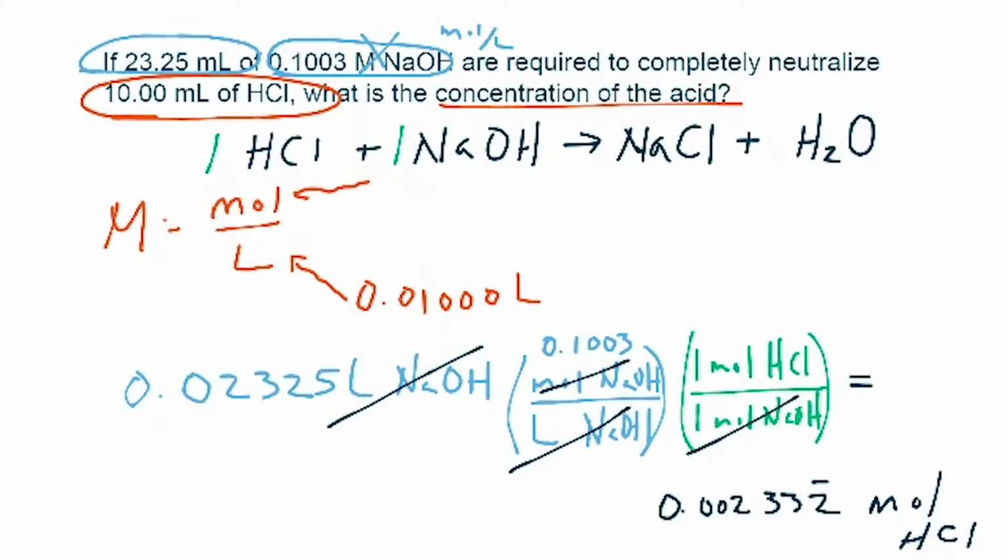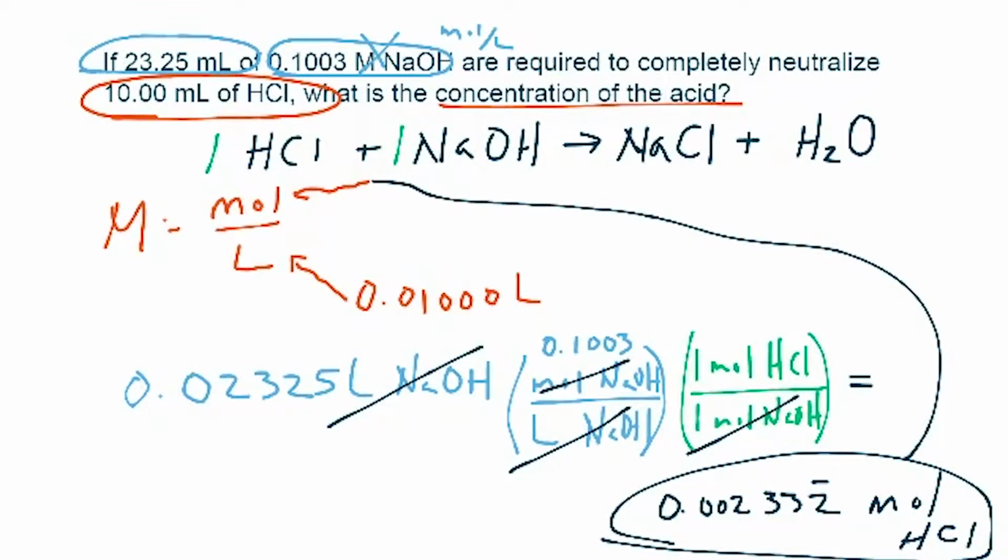Now, this number of moles, that's what I'm after in my ratio for molarity. So I just take this number of moles of HCl and I put it into my ratio.